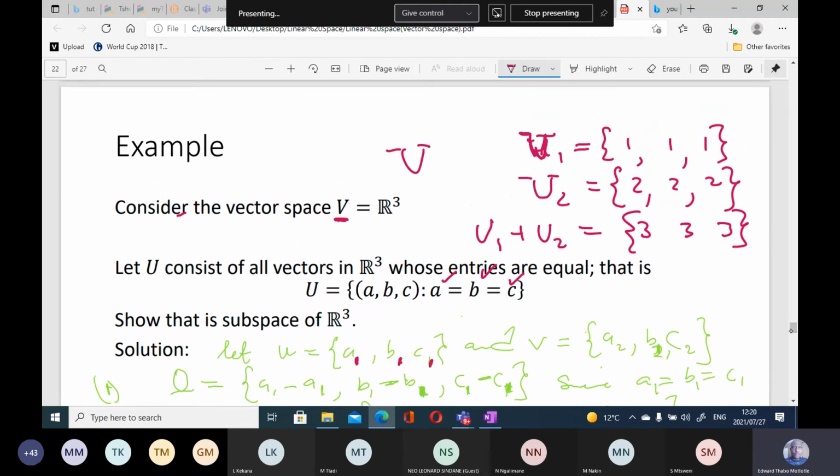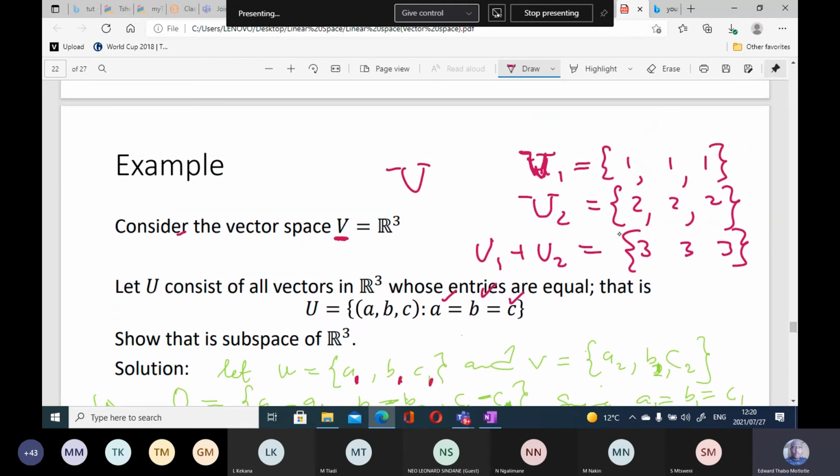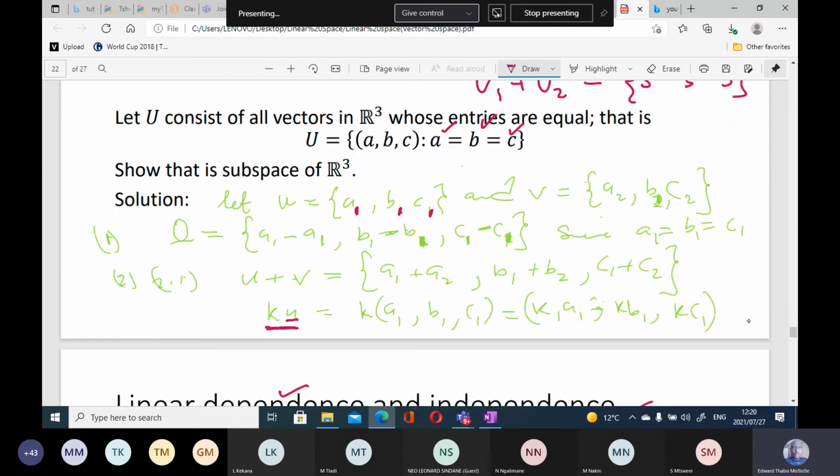So if I were to explain this using that concept, you can multiply vector u by 2, and we'll get what? 2, 2 and 2. And this is still in what? In U. You can see it's here. So this means now we can conclude that the given U is a subspace of R3.